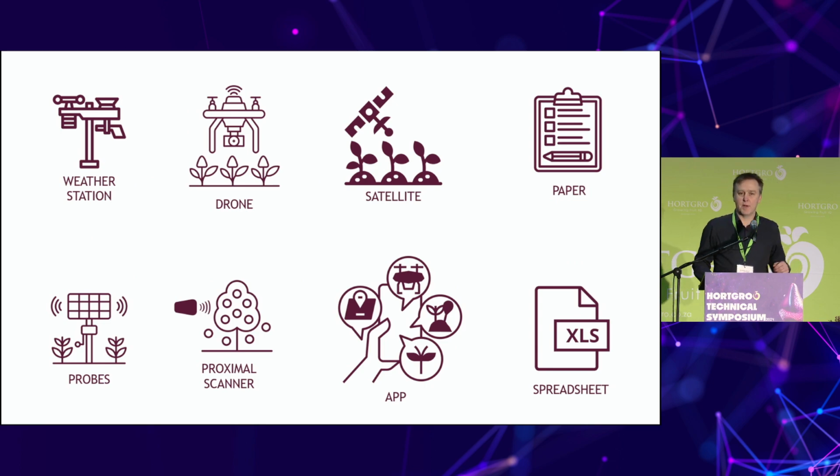But fortunately, we have a lot of sources of information these days. We have automatic weather stations, we have drones, satellite images, probes, proximal scanners, and apps on our phones. And then, of course, we have our trusty paper clipboards and Excel. Everyone's still using Excel. But how do we bring all of this data together?